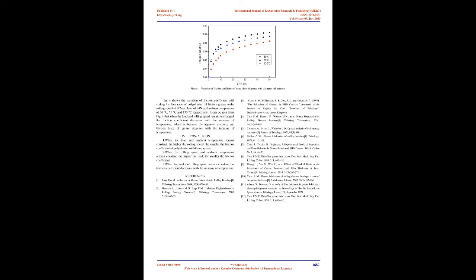3. Results and analysis. Figure 2. Variation of friction coefficient of 3 kinds of grease with sliding to rolling ratio. Fig 2 shows the variation of friction coefficient of polyol ester oil lithium grease with sliding rolling ratio when temperature remains constant. It can be seen from Fig 2 that when the load and ambient temperature are 30, the load is 24 N, and the rolling speeds are 0.2 m/s, 2.4 m/s and 3.2 m/s respectively, the higher the rolling speed, the smaller the friction coefficient.